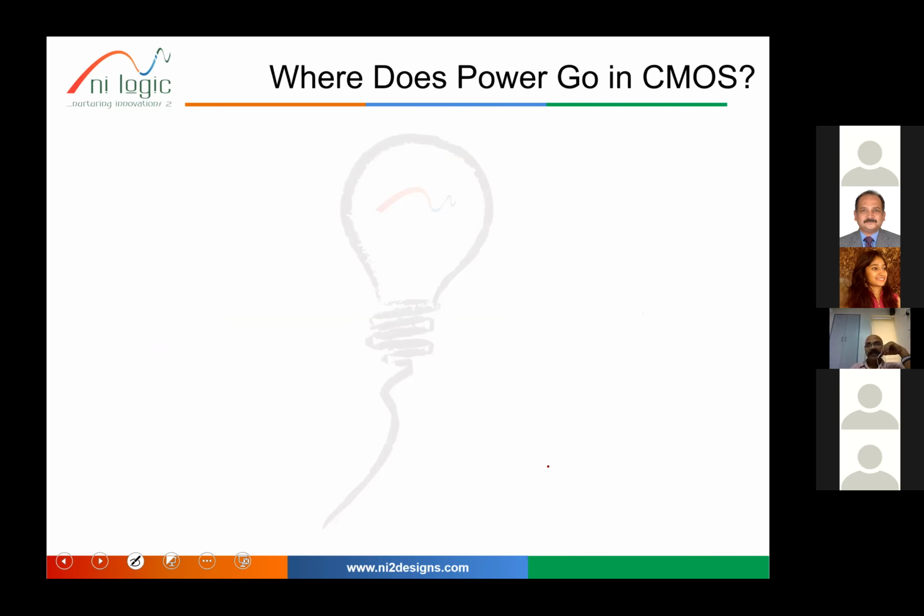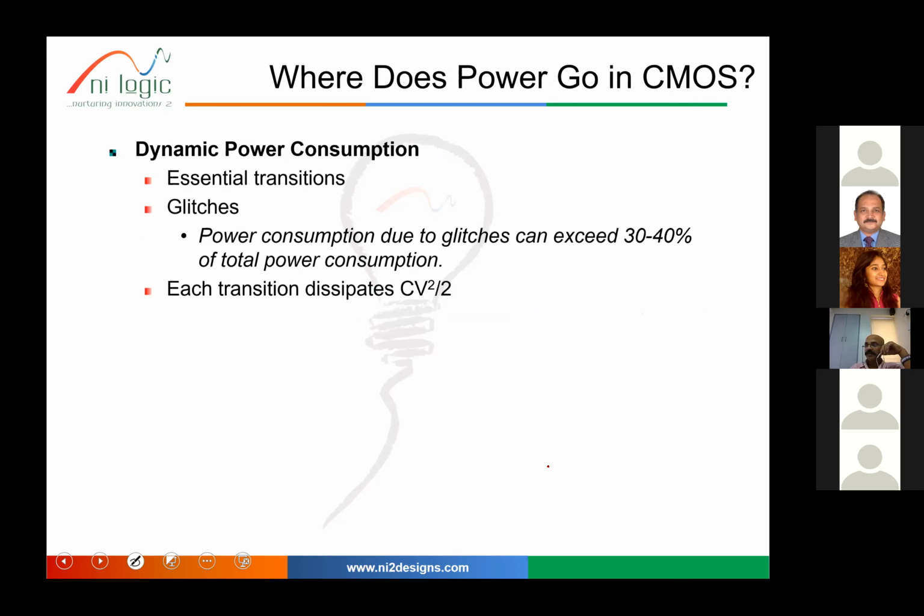So let's find out, okay, in CMOS transistors, where is the power being drawn? Okay, so it is being drawn by dynamic power consumption. Okay, that is the essential transition. I believe everyone is familiar with dynamic power consumption. That is because if there is any driver and it's trying to charge a capacitor, which is like capacitance.